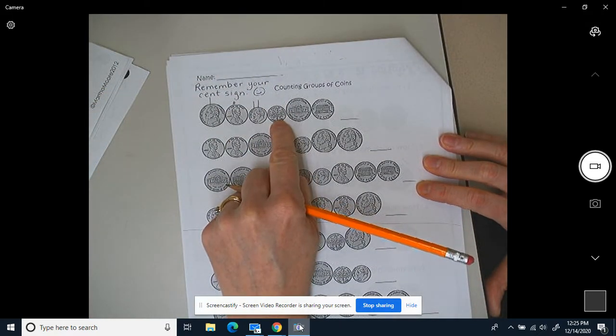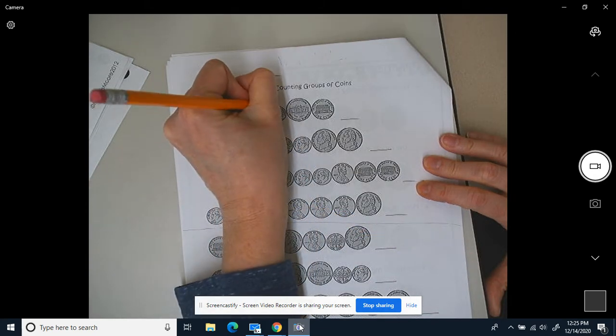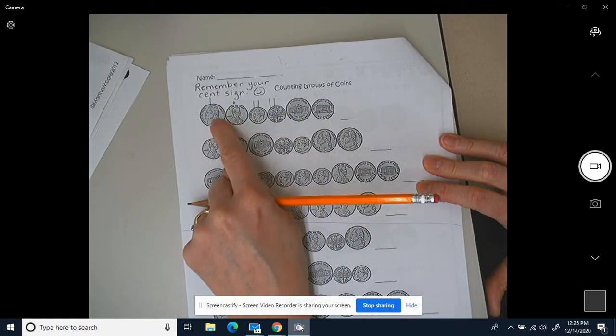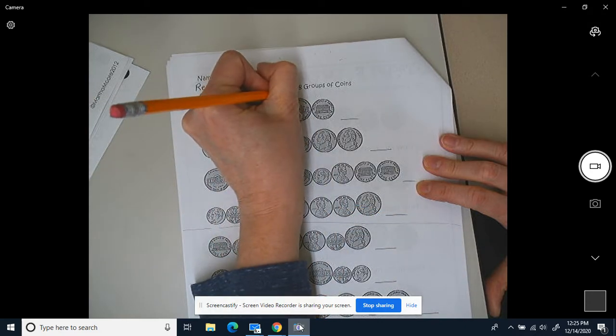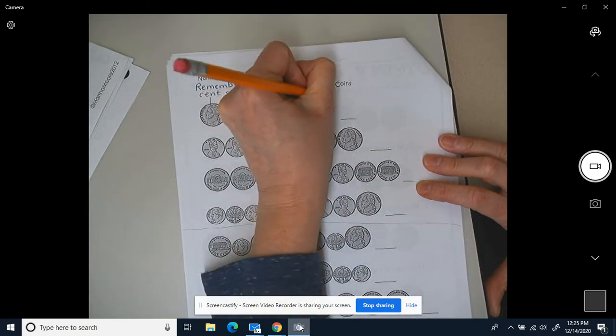What's that? It's another dime, isn't it? Just the other side. So that's 2 hairs. What's that? That's a nickel again, the other side. How many hairs does a nickel have? Just 1. And that's a penny, and a penny just has a dot.